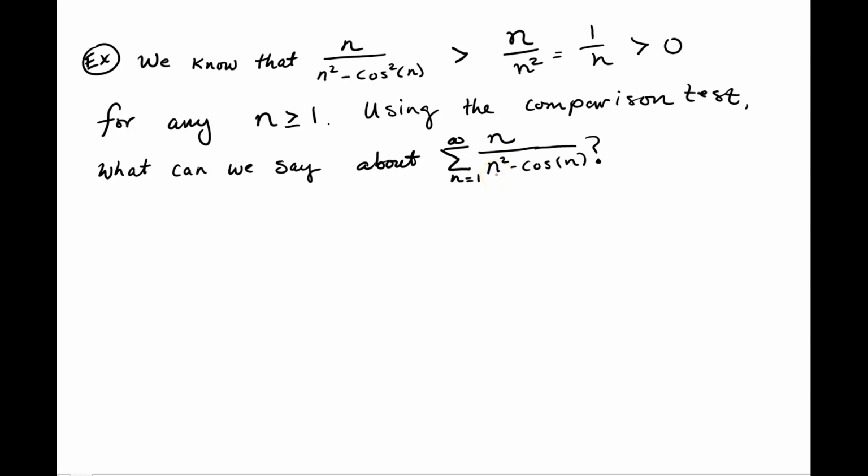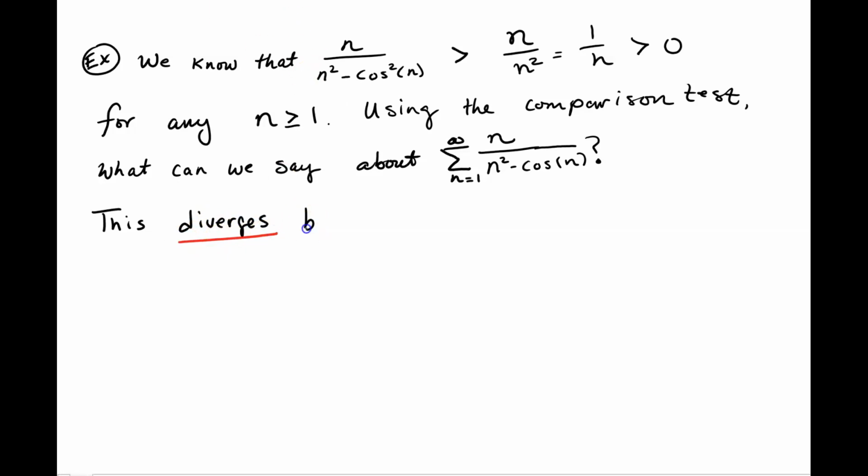This right here is a special case of the p series, 1 over n. So I'm just going to go straight into writing my answer. And I'm going to say this right here diverges. Why?